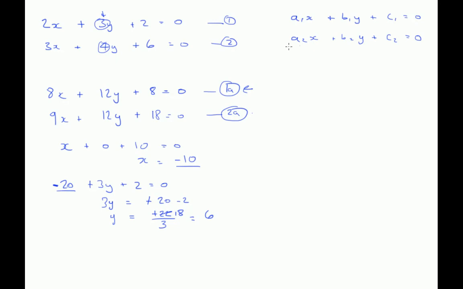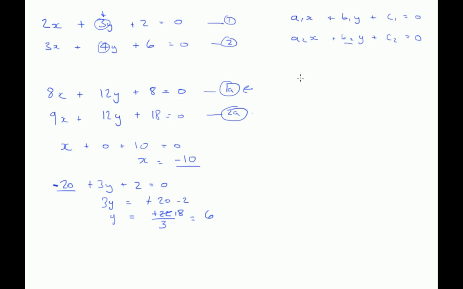So we've got these different coefficients. a1 is 2, b1 is 3, c1 is 2. If we then come down to this stage here, what we did was we multiplied this equation by this coefficient b2 here.